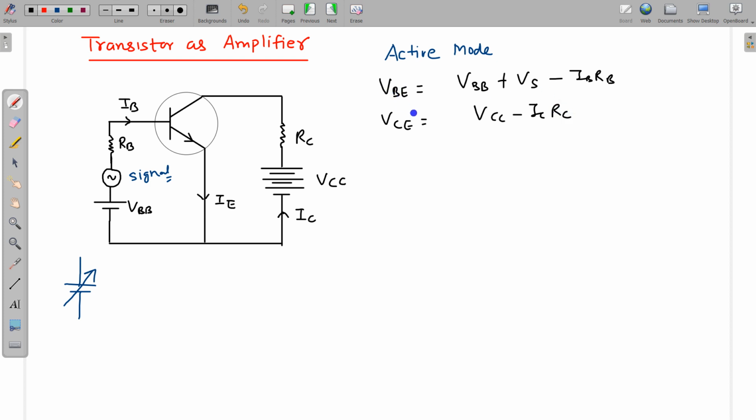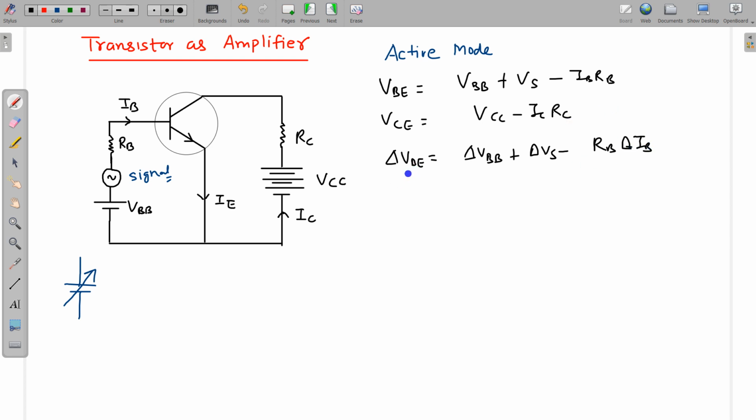Now just take the differential of these equations. For the first equation, delta VBE equals delta VBB plus delta VS minus, obviously RB is constant, so RB delta IB, because we are interested in fluctuations.